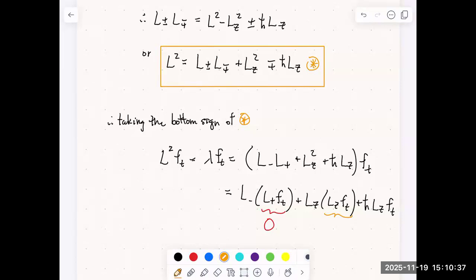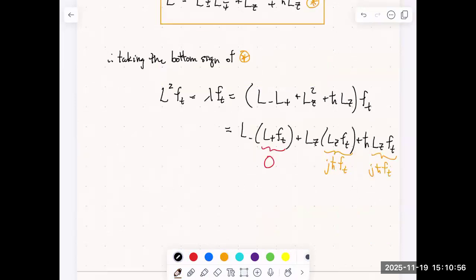But instead of writing mu maximum all the time, I'm going to write that as J H bar. So this is J H bar F top. Likewise, this is J H bar F top.